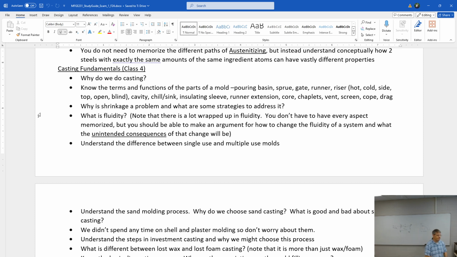I don't remember, is the chaplet used for support? The chaplets are the little things made of the same material as the final part, and their purpose is to support the core. This core is fairly small and fairly light, but even so, if you're trying to support it with sand, it could still not be at the right location.